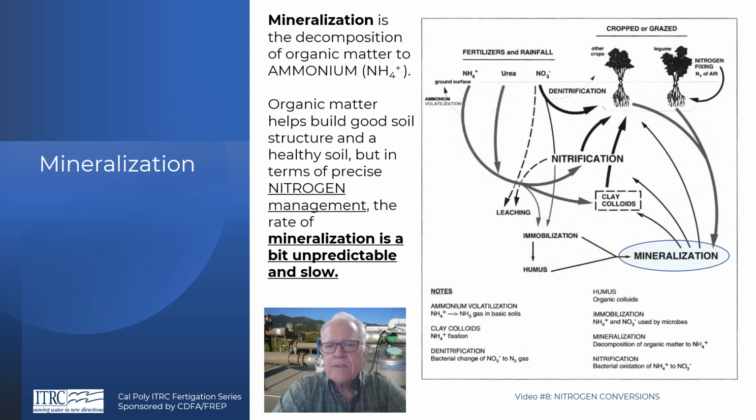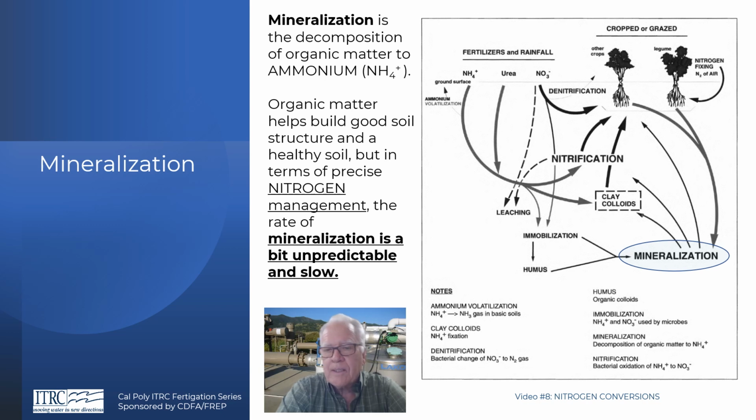The next process is mineralization. There's a circle down on the bottom. And what you can see is it sort of looks like roots go down into this little picture, and then something comes out of it, and there's humus. Basically, what it is you have organic matter in the soil, decomposed roots, or maybe you put on manure or something like that. And what you have is proteins inside the plant, and they break down.